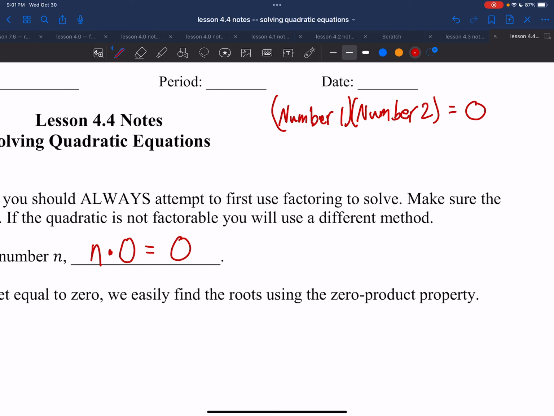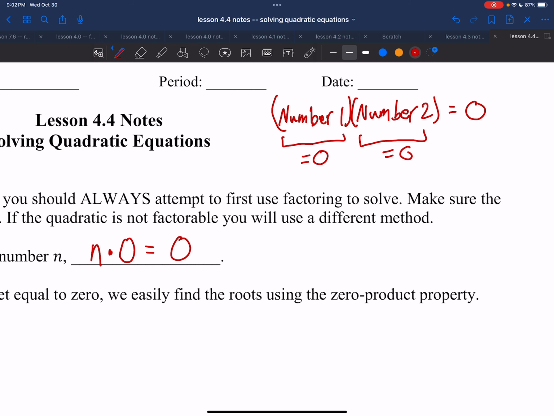This would be the question to ask. You can pause the video if you want to think about it, or maybe you've already got the answer. If you take a number times a number equals 0, well then either number 1 has to be 0, or number 2 has to be 0. Because the only way you could take a product of two real numbers, or really any two numbers, and get 0 is if one of those numbers is 0.